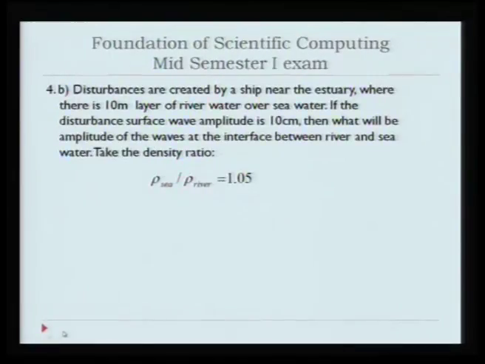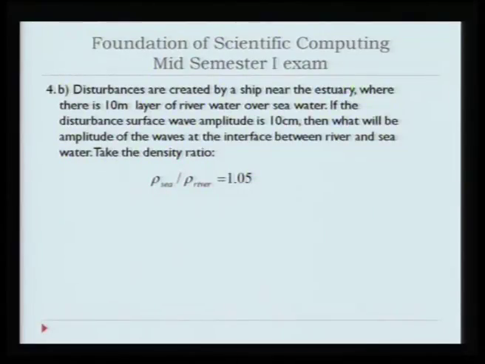In part B of question number 4, we are talking about a ship which is approaching near the estuary. Of course the ship is creating some disturbances, and because we are close to the estuary, here we have two layers of water, the river water over the sea water.